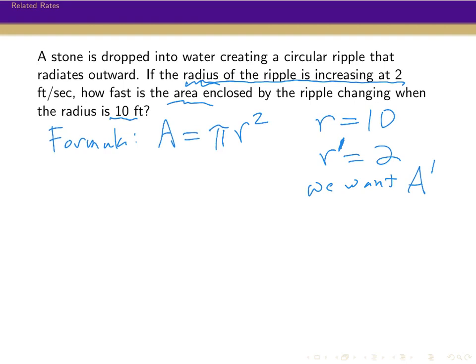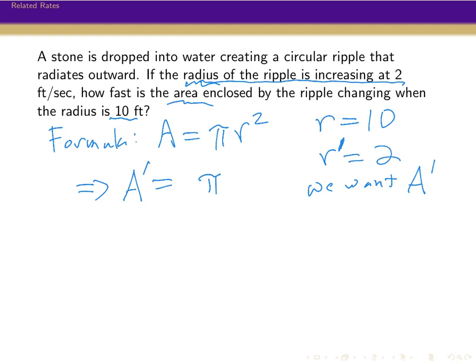So we have our formula, we've got our information. To get the derivative of area, we just need to take the derivative of both sides. On the left-hand side, we get A prime. On the right-hand side, pi is a constant, so we can leave that out. Then we have r squared, so we should use the power rule.